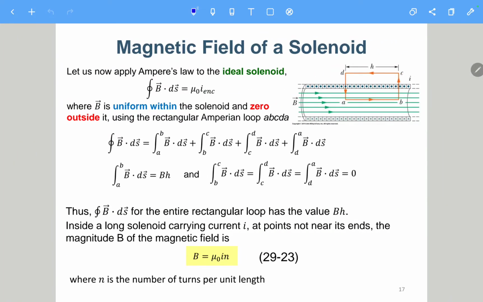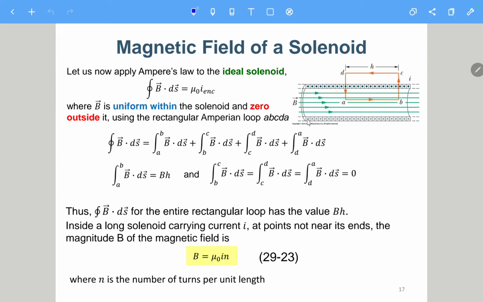Here we also try to quantify the B field generated by the solenoid, and of course we will use Ampere's law to do this. This is a cross section of a solenoid. You can see all these currents are going out of the page, and all these currents are going into the page.